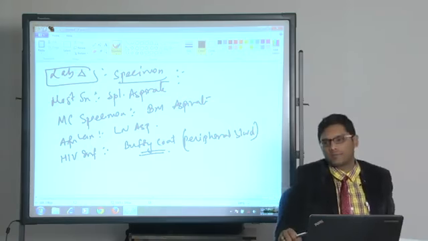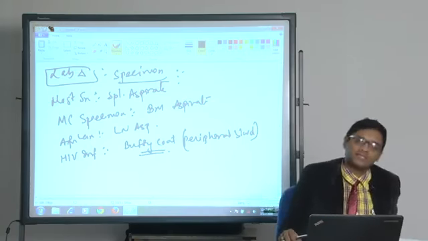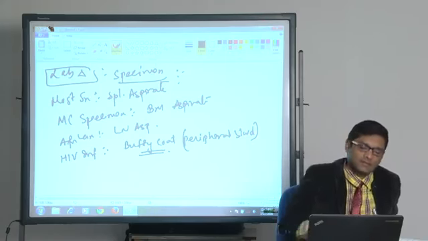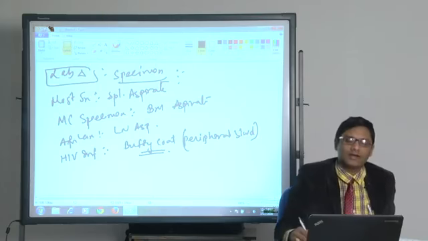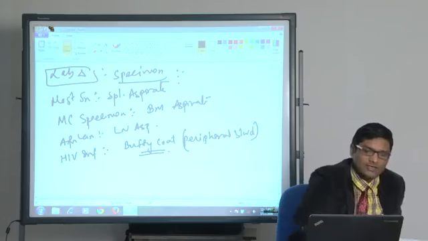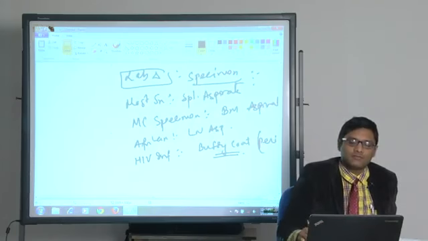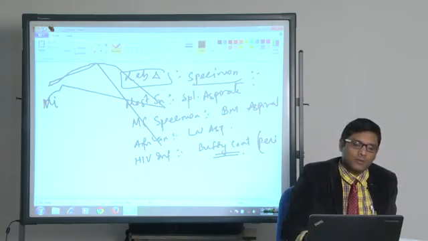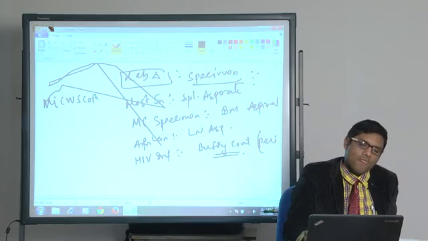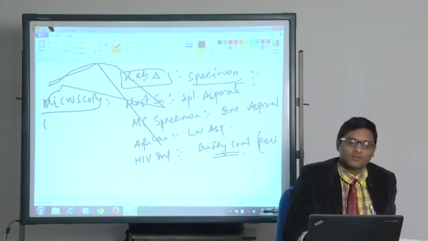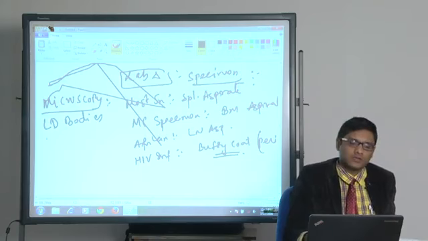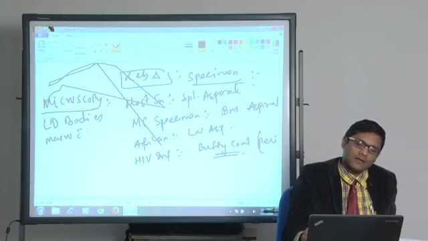When you do microscopy on all these specimens, what form will be seen? LD bodies. LD bodies are what? Amastigote or promastigote? Macrophage containing amastigote.